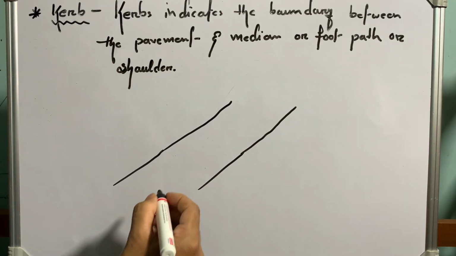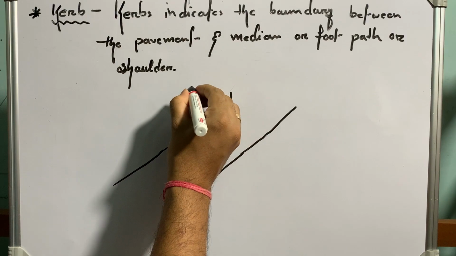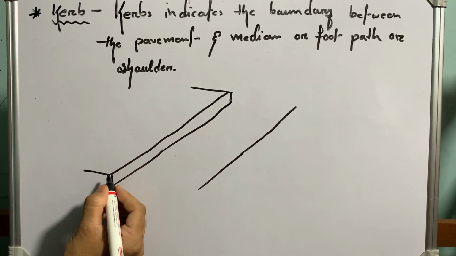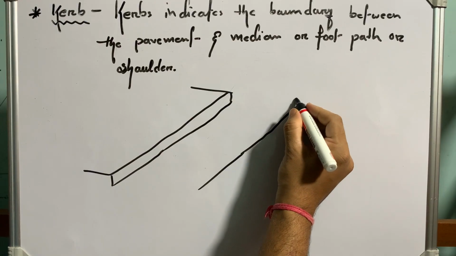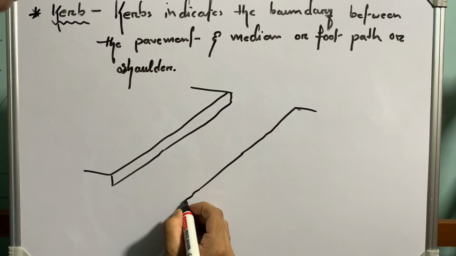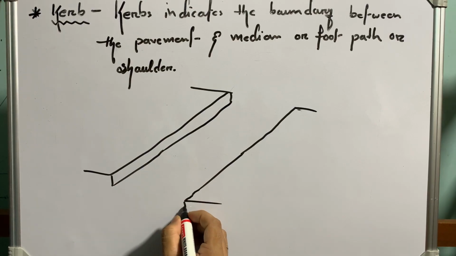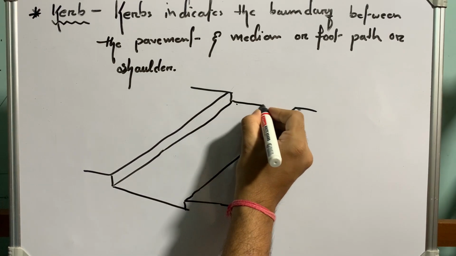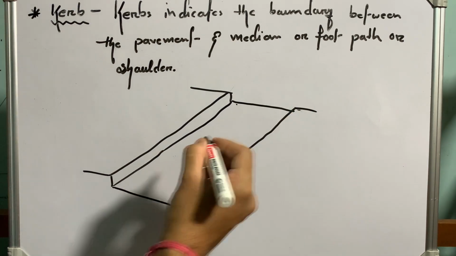Let me draw so that it will be easier to understand. Let's suppose we have a footpath at both sides of the road.